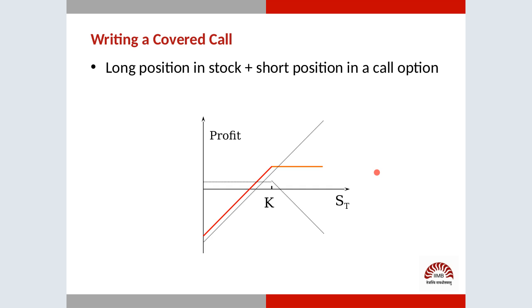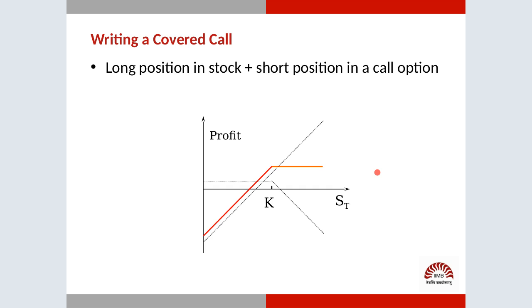I am making a fixed profit in the short call, but I'm losing some money in the long asset. So the loss in the long asset is offset to the extent of the profit that I make in the short call, and therefore you see the line goes above. When it goes above K, this line keeps going up, but the other line starts coming down, and therefore I have a resultant difference. The difference is a constant, and therefore you see the flat part of it, which results in the short put argument.